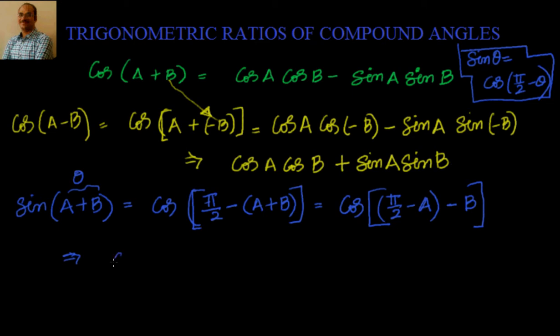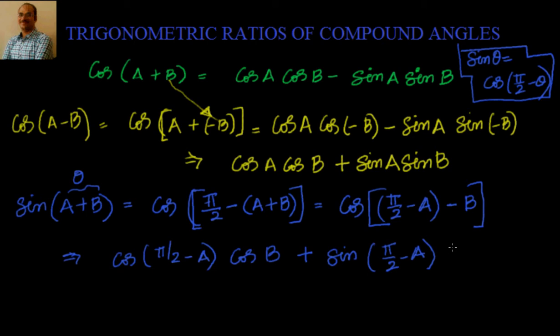So I will write cos of pi by 2 minus a cos of b, plus sine of pi by 2 minus a sine b.